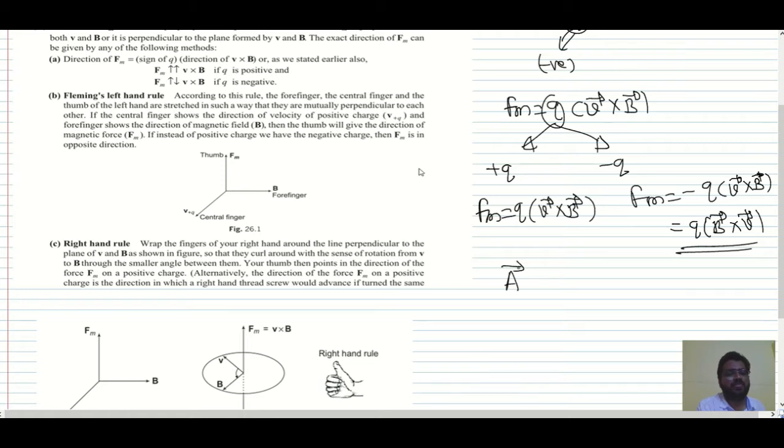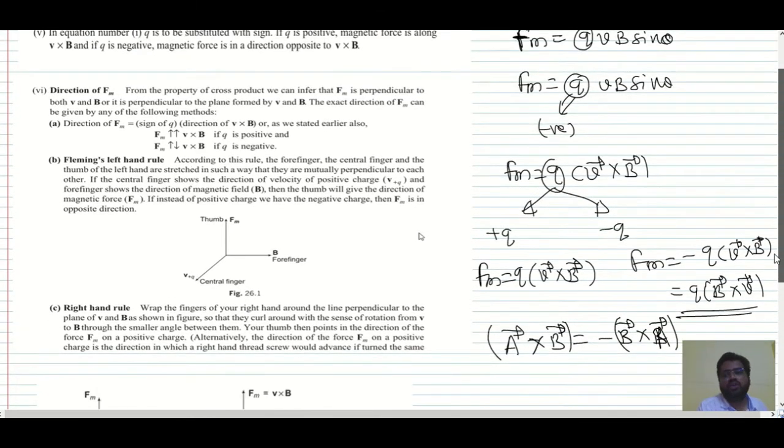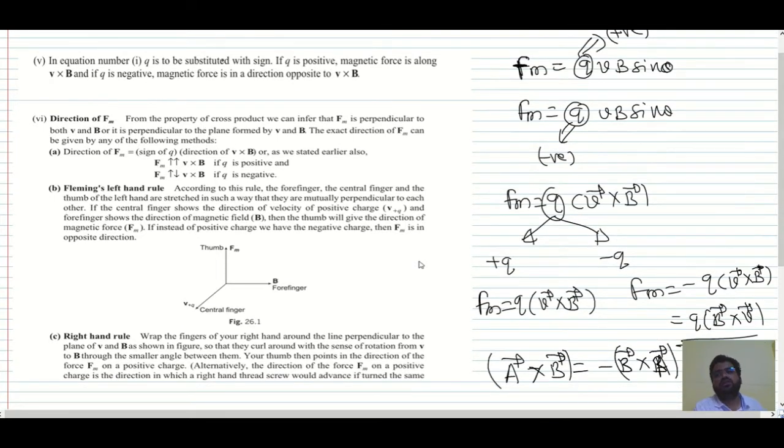Because in cross product, A bar cross B bar is equal to negative of B bar cross A bar, right? So this is how you have to remember. So yes, Q is to be substituted with sign, and if Q is positive, magnetic force is along V bar cross B bar, and if Q is negative, magnetic force is in the direction opposite to the V bar cross B bar. So this is what you have to remember.